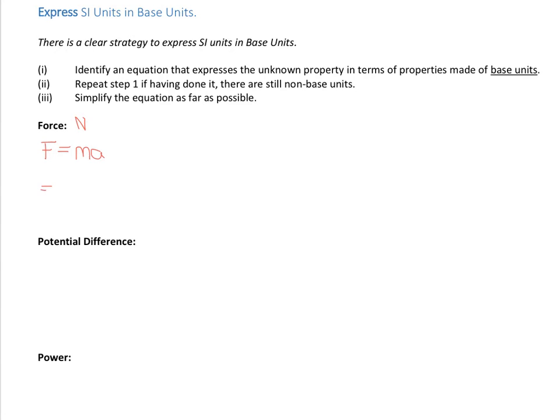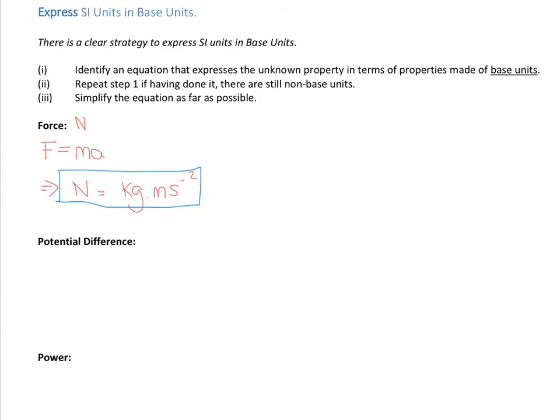So what that means in terms of units is that 1 newton is a kilogram times meters seconds to the minus 2, because it's mass times acceleration. And what we've got here is kilograms, base unit, meters, base unit, and seconds, base unit. So we've got that expressed in base units, and that's what 1 newton is in base units. Okay, so that's a very straightforward one.